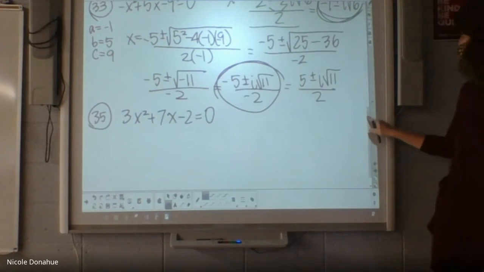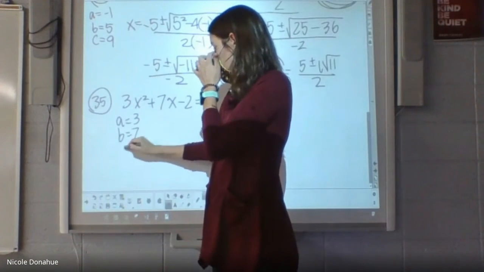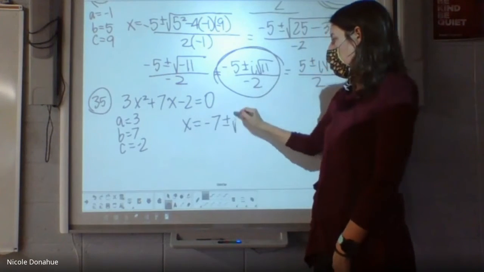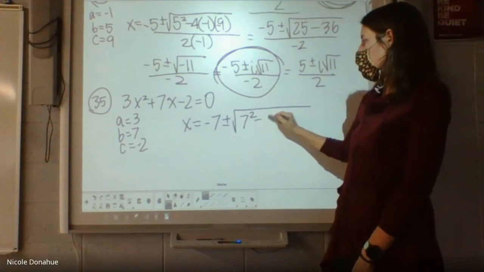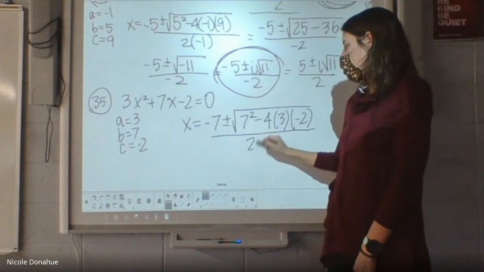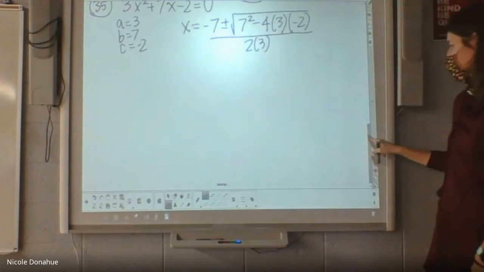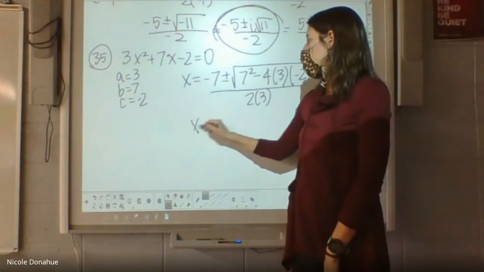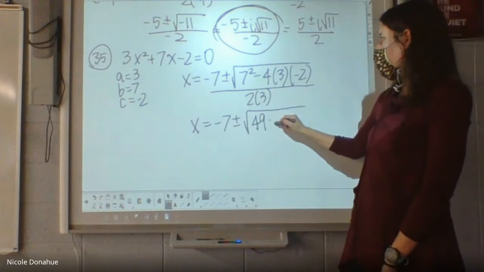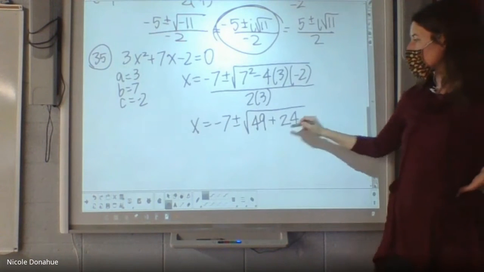Yeah. So our A, B, and C again. Opposite of B, plus or minus the square root of B squared minus 4 times A times C, all over 2 times A. So we get, this is 49, and then minus, oh no, this becomes plus 24, all over 6.